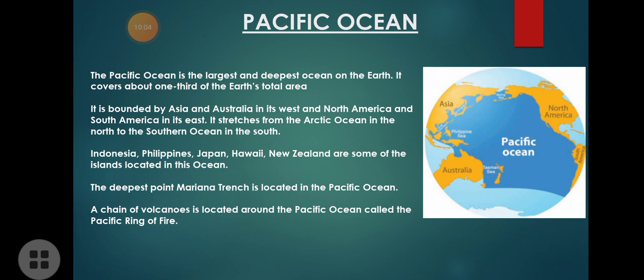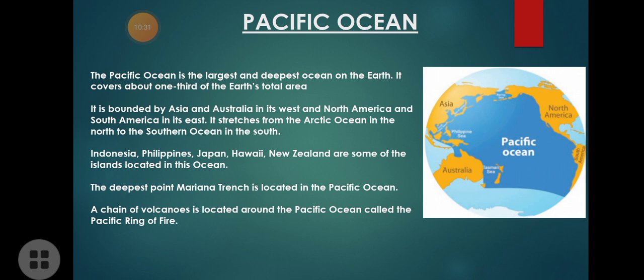So the deepest point in the whole earth is the Mariana Trench, which is in the Pacific Ocean, and its depth is nearly 1100 meters deep. And another piece of information regarding the Pacific Ocean is that it forms the Pacific Ring of Fire.